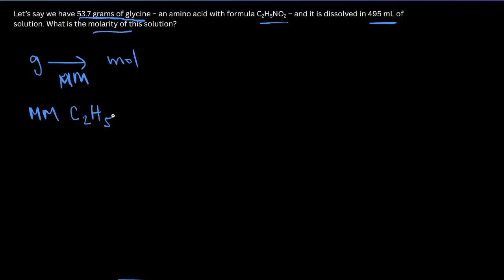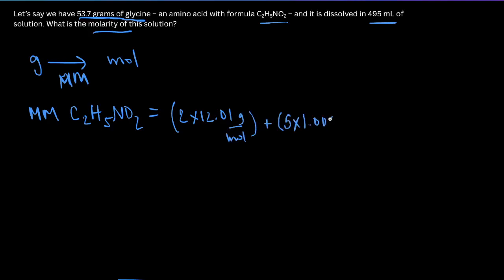That is C2H5NO2. How do we do this? Again, just add up the molar masses of the elements that make up the compound. Okay, so 2 times 12.01 grams per mole plus 5 times 1.008 grams per mole. Let's just do this over here.